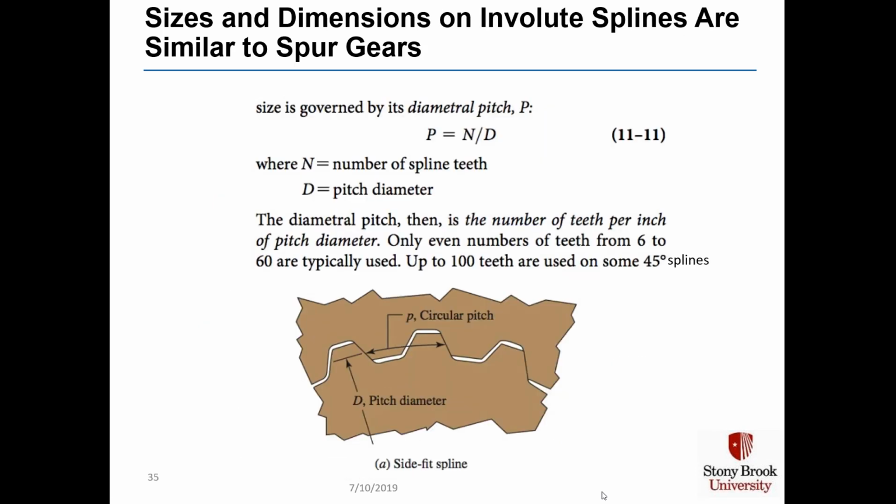The sizes and dimensions on involute splines are also similar to the gear teeth. The diametral pitch then is the number of teeth per inch of pitch diameter. Diametral pitches come only in even numbers, usually from 6 to 60, but sometimes up to 100 teeth on 45-degree splines.